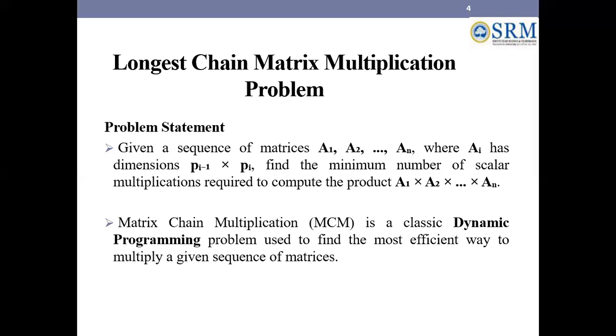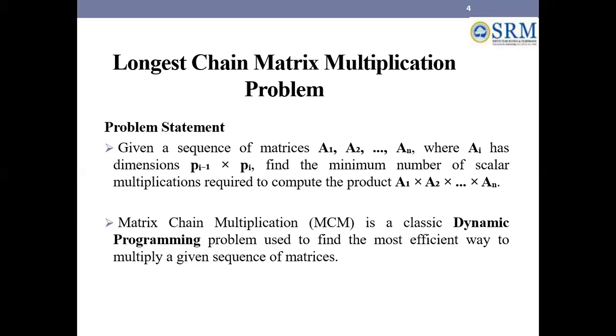Here the problem is to find the number of multiplications to perform longest chain matrix multiplication, that is, to multiply A1 to An. And MCM, matrix chain multiplication, is a dynamic programming problem to find the most efficient way to multiply a sequence of matrices.